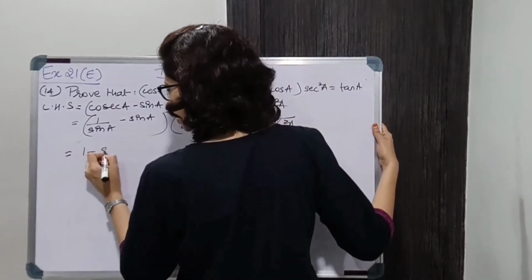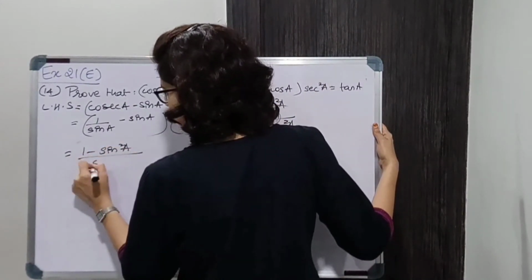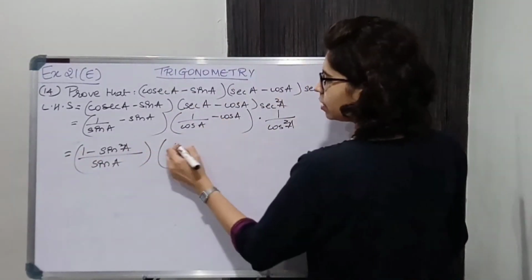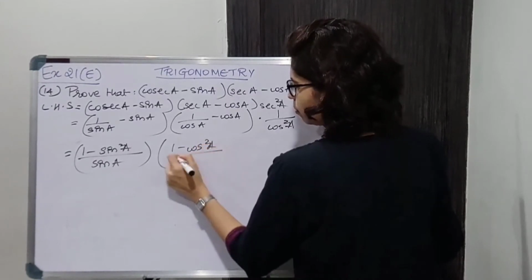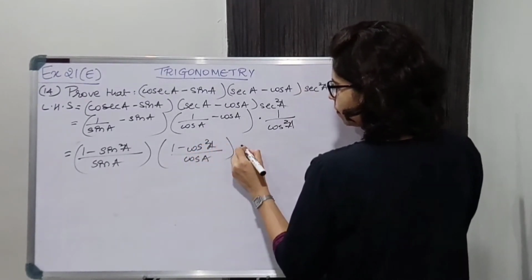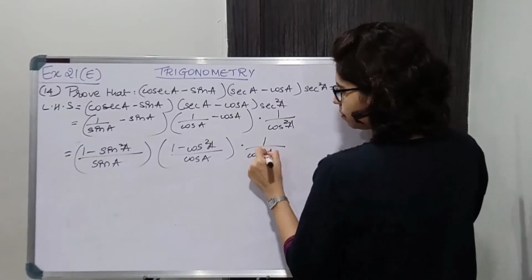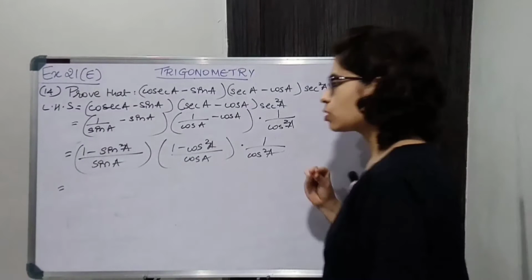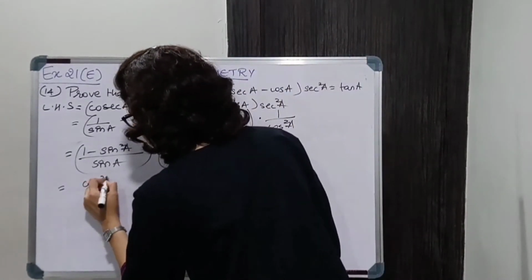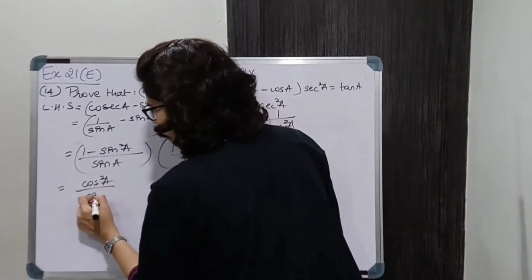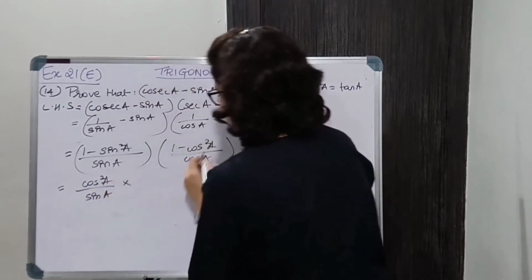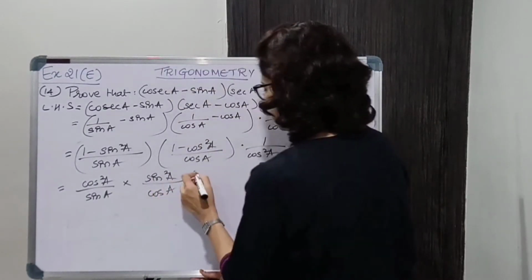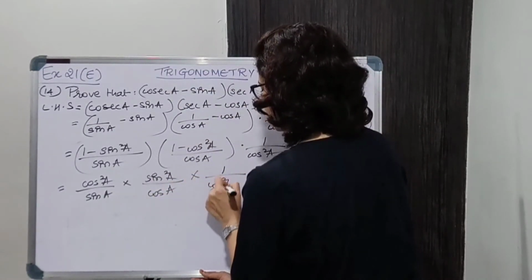This will become 1 minus sin squared A upon sin A. Similarly, this one will become 1 minus cos squared A upon cos A into 1 upon cos squared A. 1 minus sin squared A is cos squared A upon sin A, and 1 minus cos squared A is sin squared A upon cos A into 1 upon cos squared A.